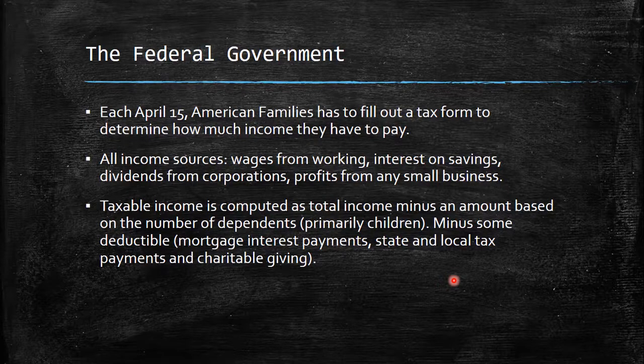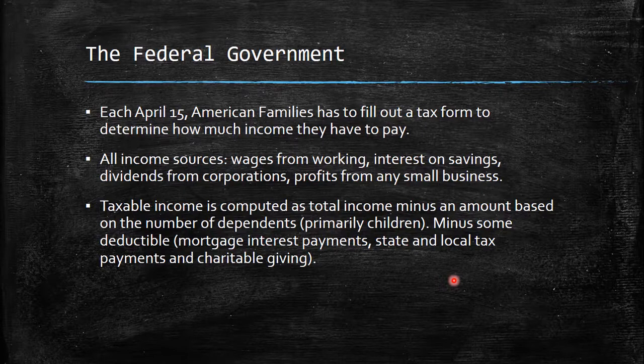So the taxable income is computed from the total income that the family receives, but naturally the amount reduces depending on the number of dependents, primarily children, minus some deductions. So for example, we have mortgage interest payments, state and local tax payments, and charitable giving.